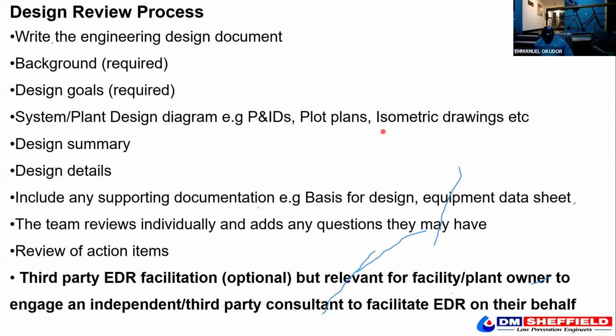So usually for engineering design review, it is more efficient when a third party facilitates it. Because if you have the knowledge and everything, you can do a very good facilitation. But where your boss, for example the project sponsor or the project manager, is in that room, the truth is you cannot ask or critique certain things.